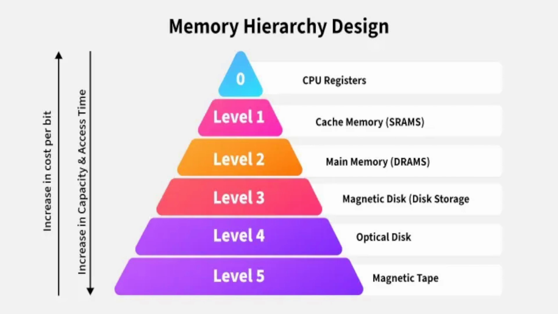We also spoke about the two categories of memory techniques: memory mapped input and output, and isolated input and output. Then we spoke about types of memory mapping techniques, including cache memory mapping techniques. Then we also spoke about the memory hierarchy.